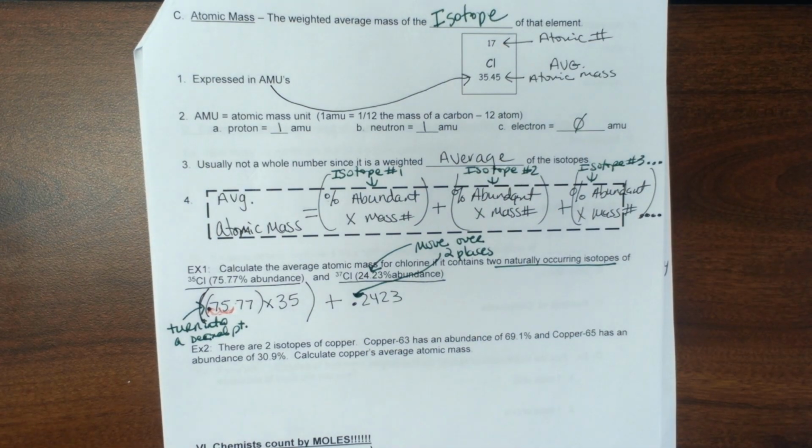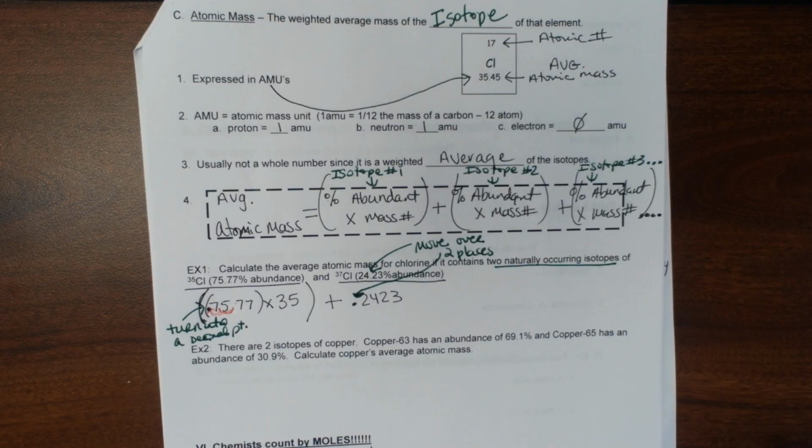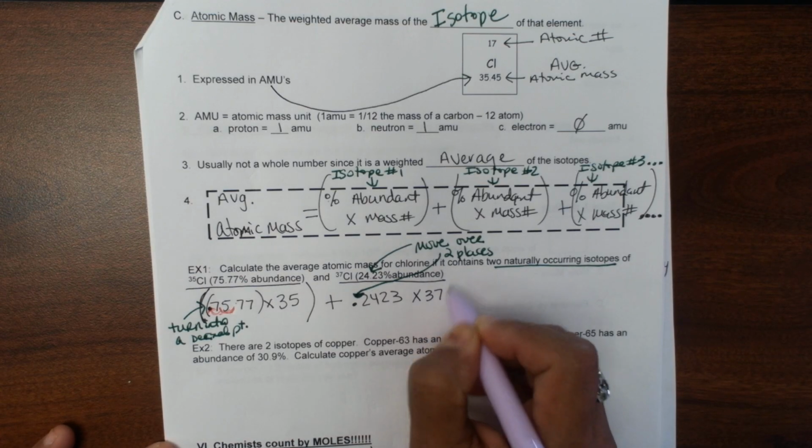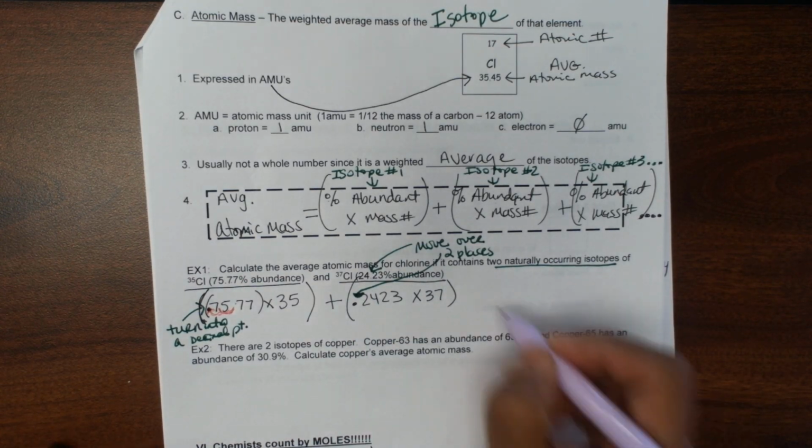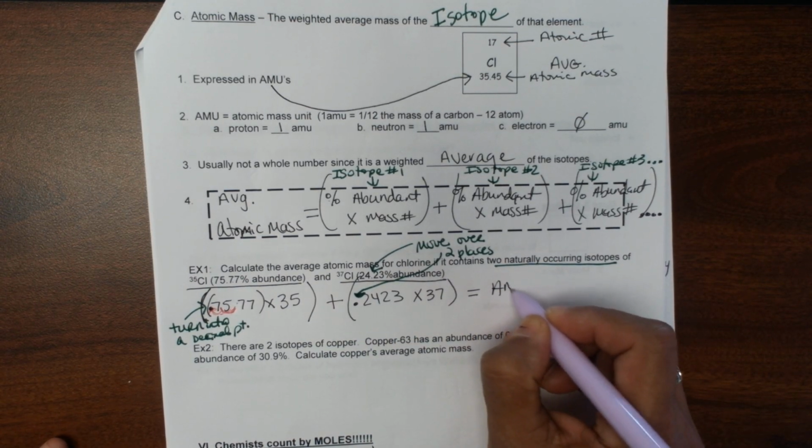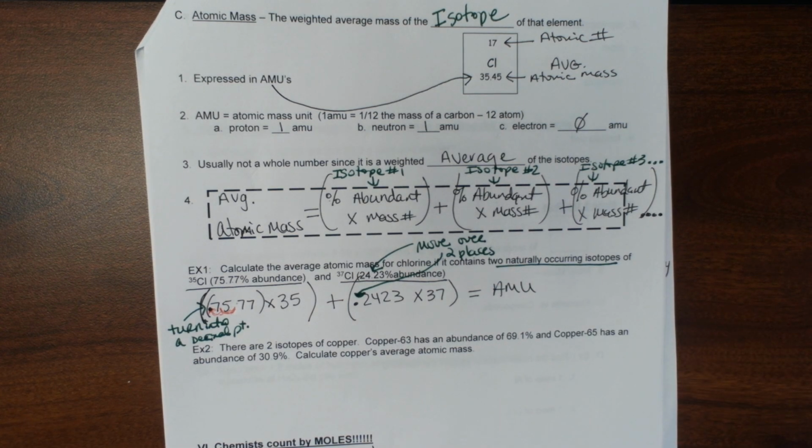So that way when you're not in class with me, hopefully that makes sense. That's why that number is 0.2423 times 37 equals my AMU. So 0.7577 times 35 comes out to a number, plus 0.2423 times 37 comes out to a number.